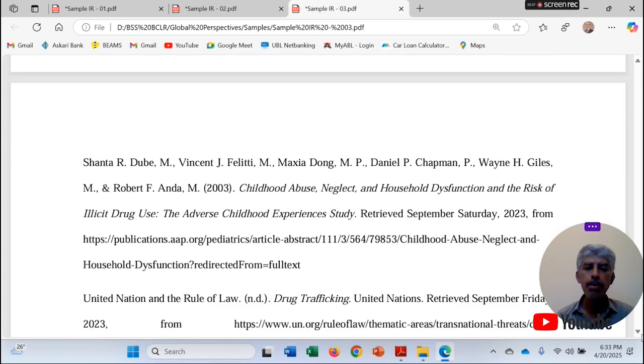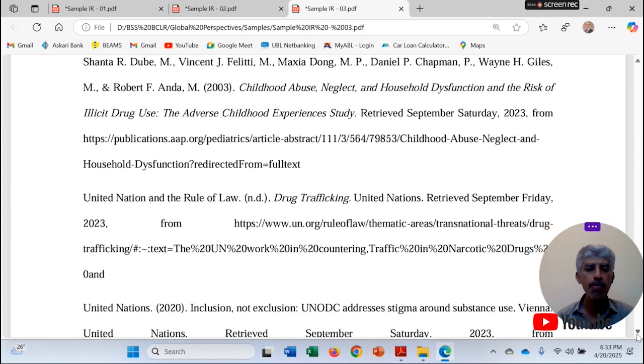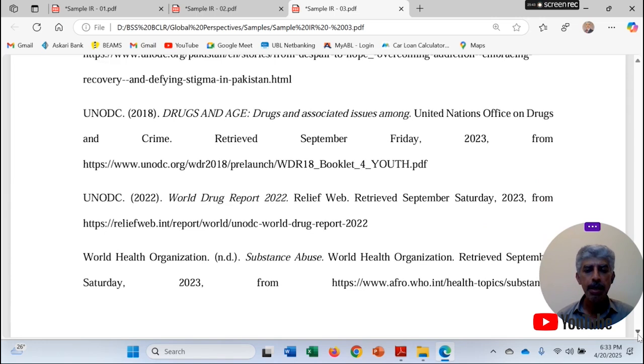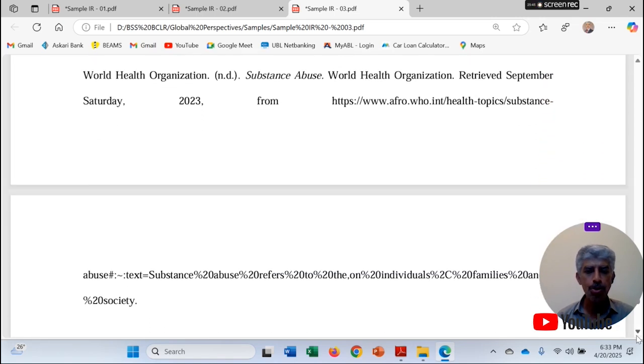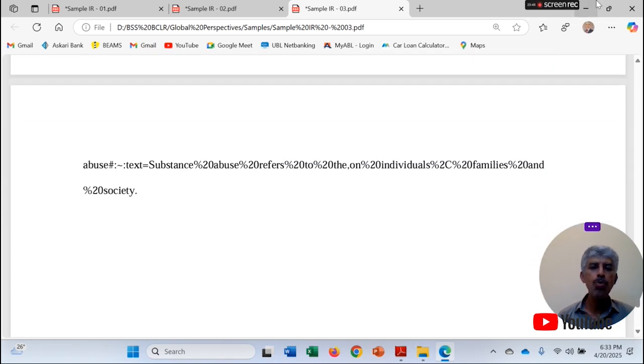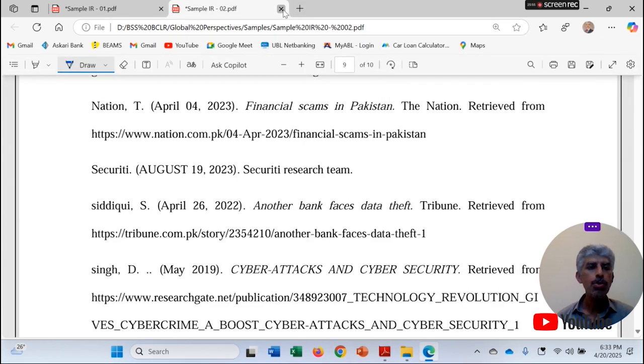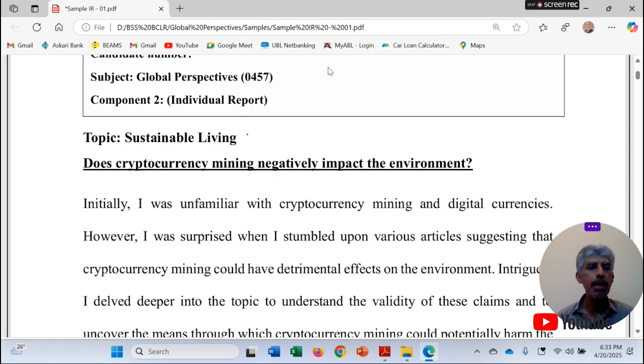So this is how the structure of an IR is, and whenever you make your IR, there are 2-3 very important factors you are supposed to keep in mind. Number one, the topic selection should be really a good one of your choice.